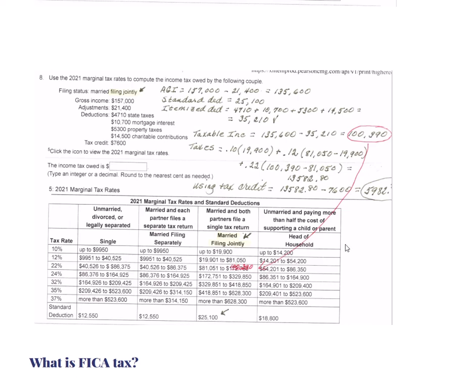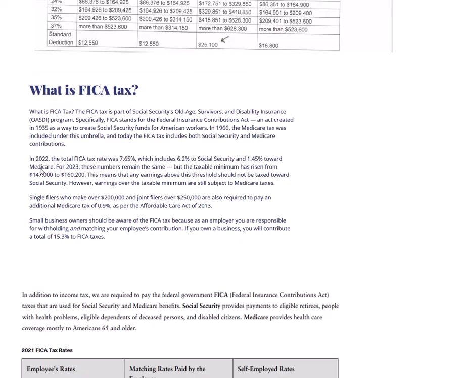All right, I'm going to stop now, and the next video will be about FICA taxes. Changed my mind, decided just to make this a nice long video. FICA taxes are part of the Social Security Old Age Survivors Disability Insurance Program. Specifically, FICA stands for Federal Insurance Contributions Act.